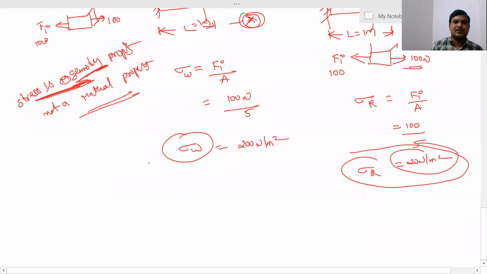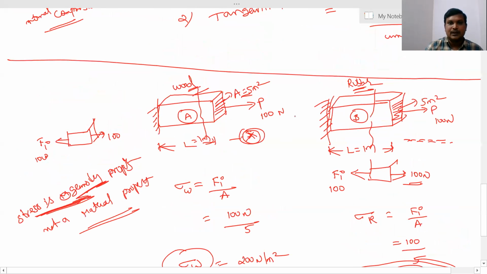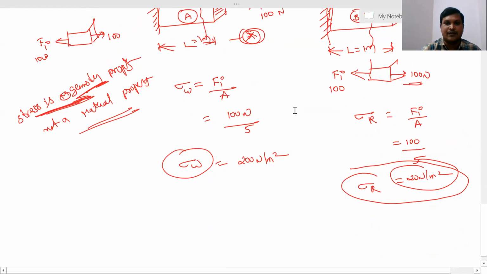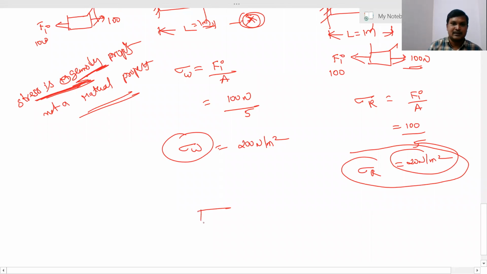So what does more stress mean? Generally rubber withstands less force, while wood may withstand higher force. For example, I'm taking the same cases, this is wood and this is rubber, with the same area of 5. Wood is resisting more force, maybe 1000 newtons, while the rubber resists only 100 newtons.